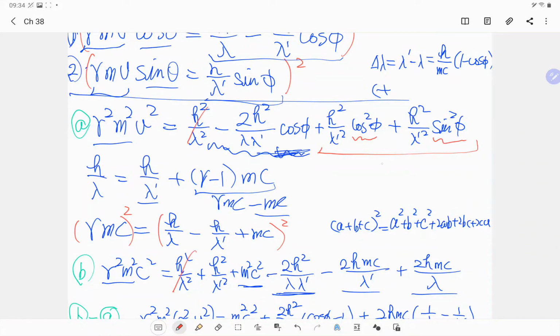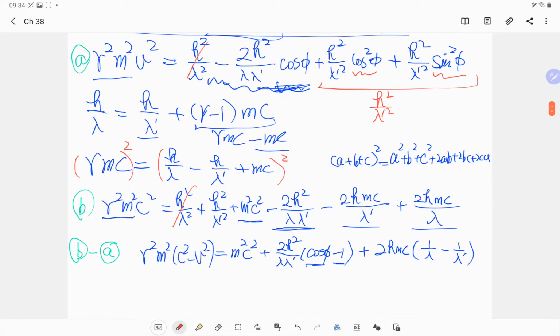So these two terms should be h squared over lambda prime squared, which means that this term and this term can be cancelled.